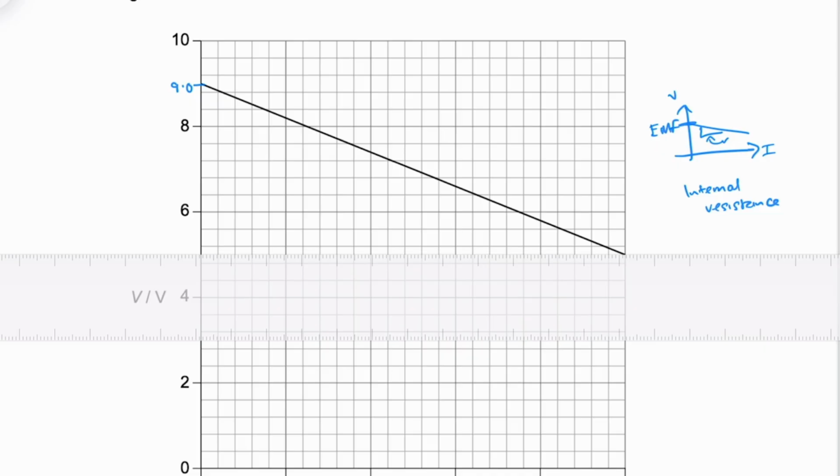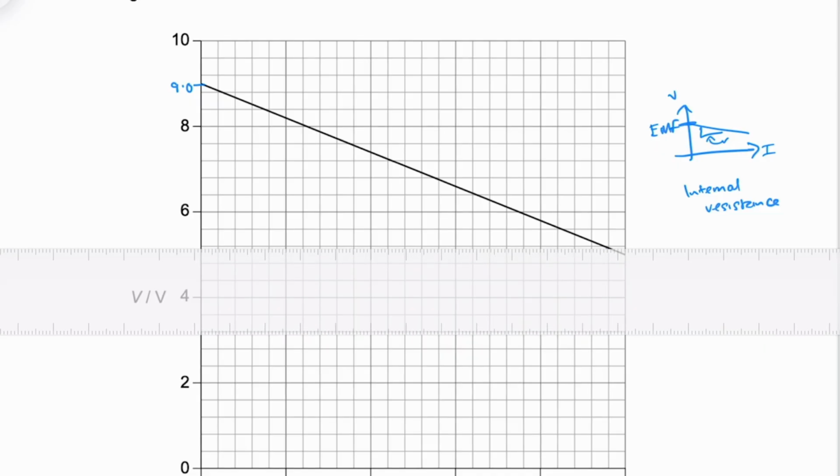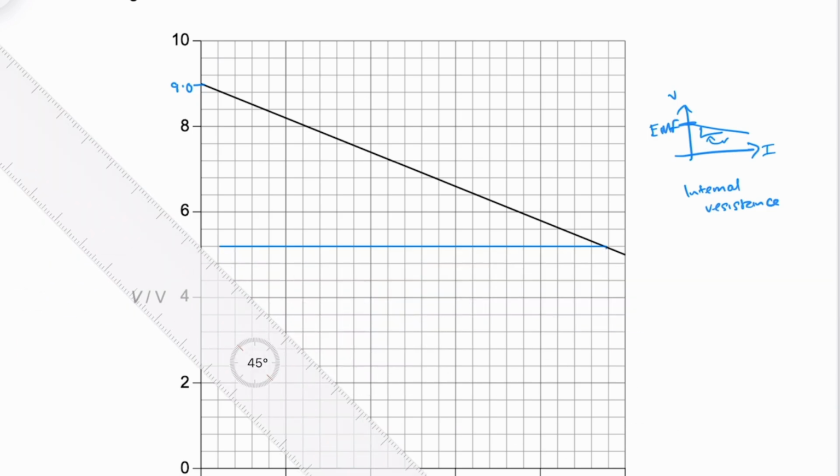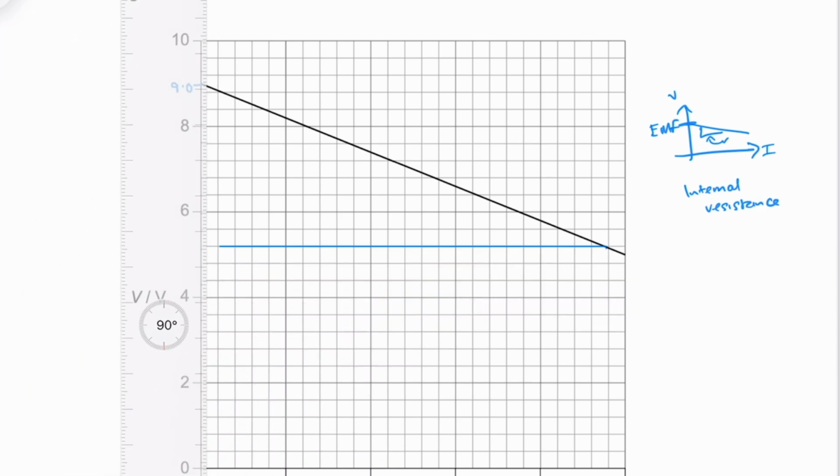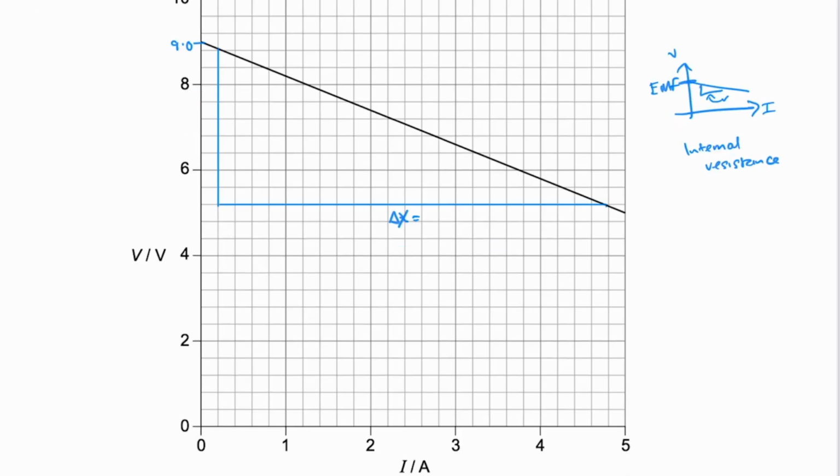Now we want to find the internal resistance. So we're going to use the gradient of the graph. So let's draw ourselves a big gradient triangle. Let's start with change in x. Our change in x is 4.8 minus 0.2, which is of course 4.6.